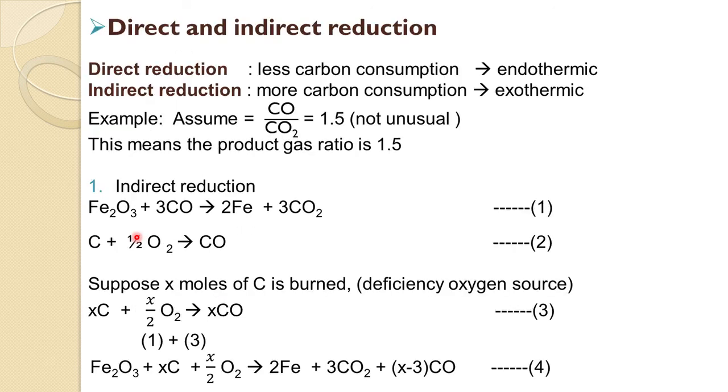And now we will talk quite a bit about direct and indirect reduction. So, as you know, direct reduction needs less carbon consumption, it is endothermic, so it needs the heat. Indirect reduction needs more carbon consumption, and is exothermic.